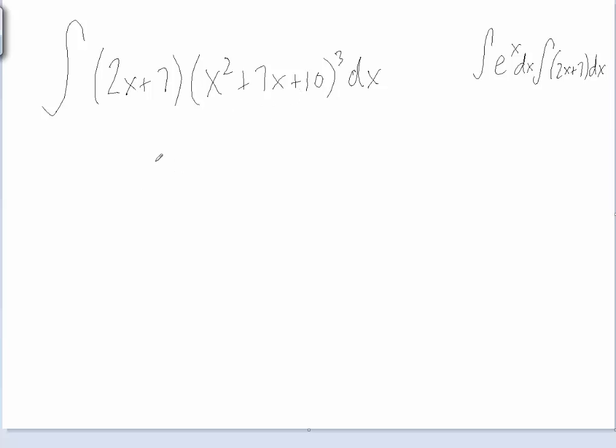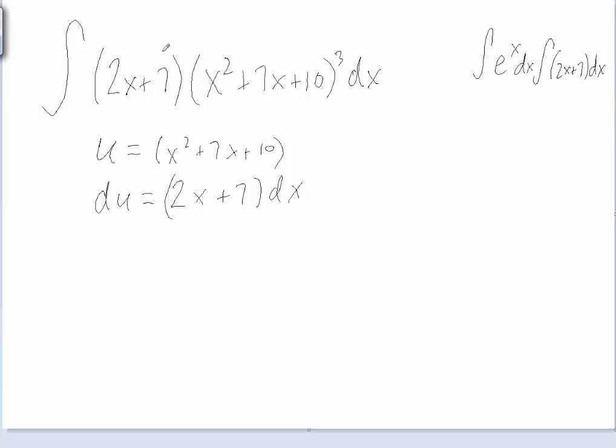So what we can do is make a substitution, and we'll call x squared plus 7x plus 10 u, and du, or the derivative of u, is going to be 2x plus 7 dx.